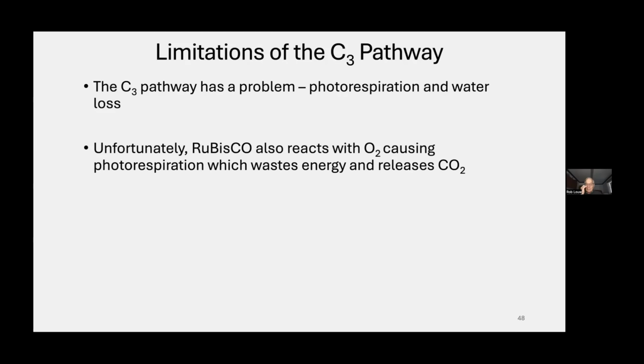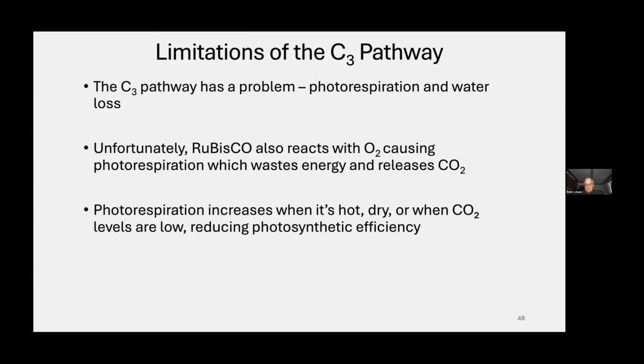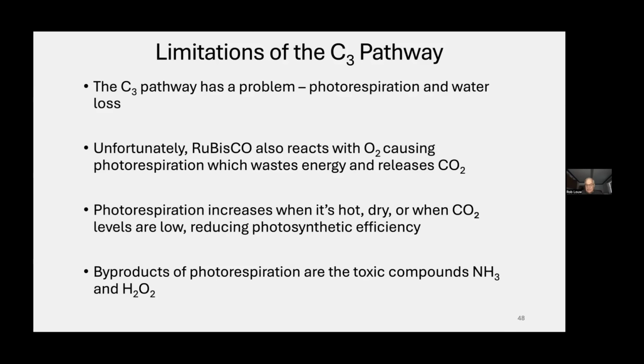Unfortunately, rubisco does react with oxygen, causing the photorespiration, which wastes energy and releases CO2. And this increases when it's hot and dry, or when CO2 levels are low, reducing the photosynthetic efficiency. Byproducts of this process are ammonia and hydrogen peroxide.